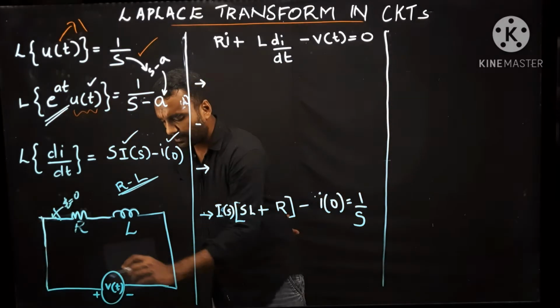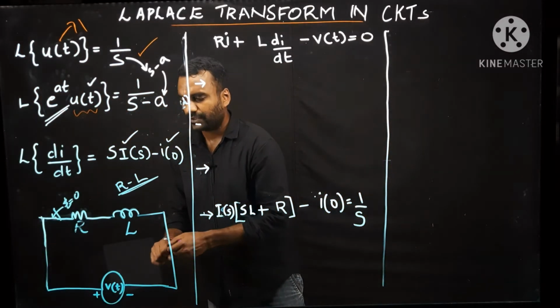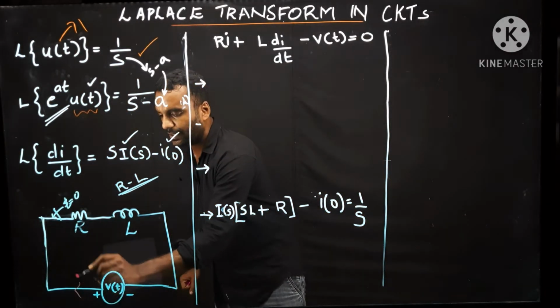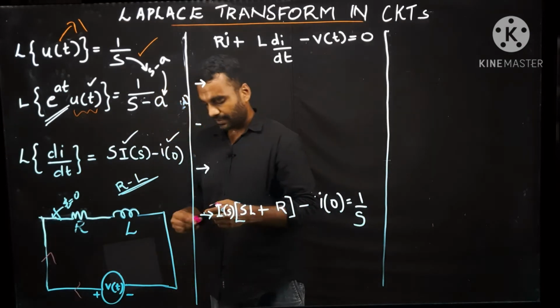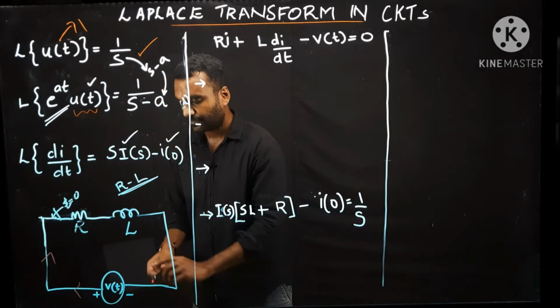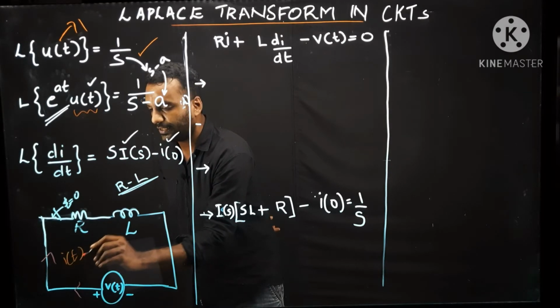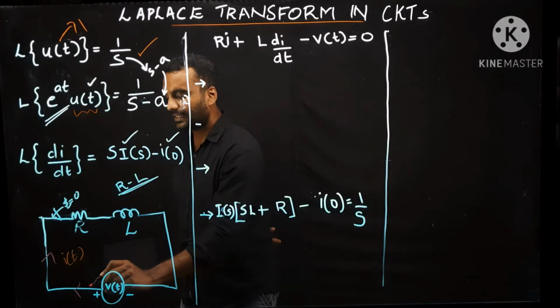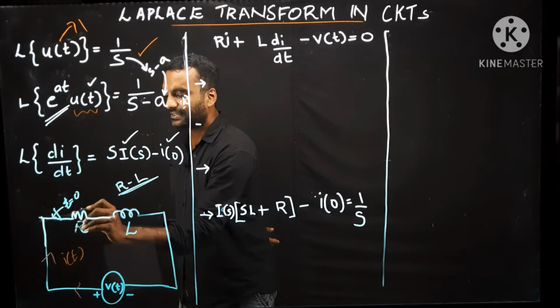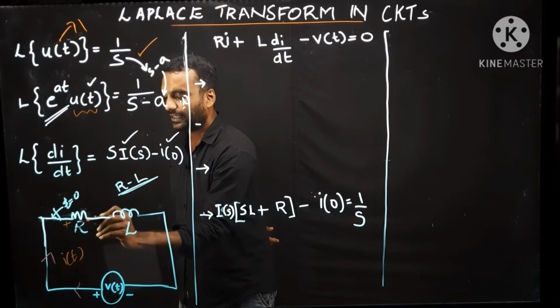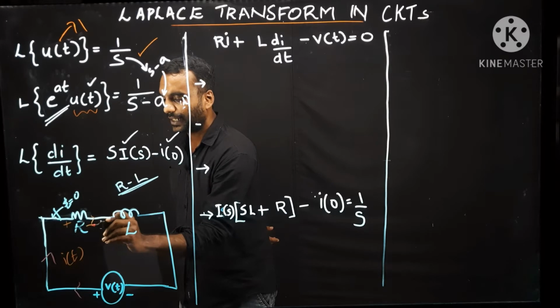From plus, we know the current comes outside. In time domain it is marked as I of t. This current is entering this terminal of the resistor, so this is plus, and leaving from this terminal, this is minus.